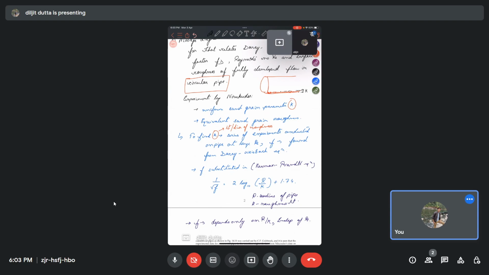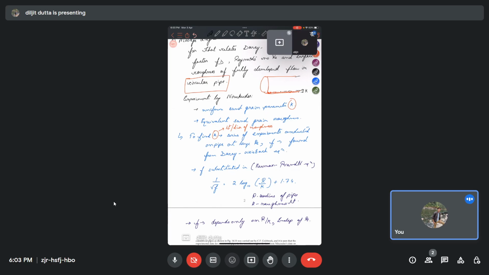A series of experiments was carried out for a pipe at very large Reynolds numbers, that is, when the flow is turbulent and the boundary layer is extremely small.